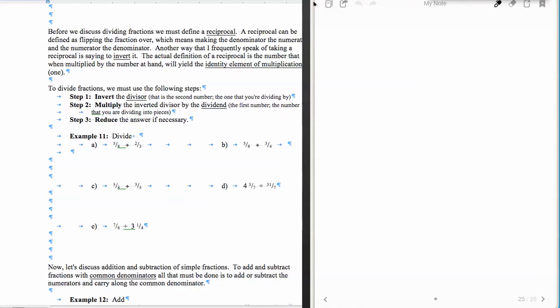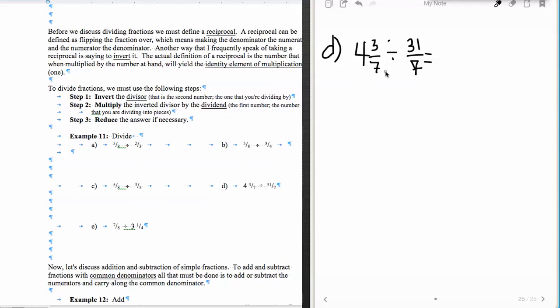And part D here of example 11, we first of all have our 4 3/7, so 4 3/7, and we're dividing that by 31/7. So the first thing that we're going to need to do here is change 4 3/7 into an improper fraction.